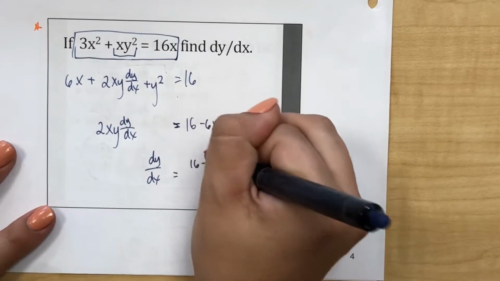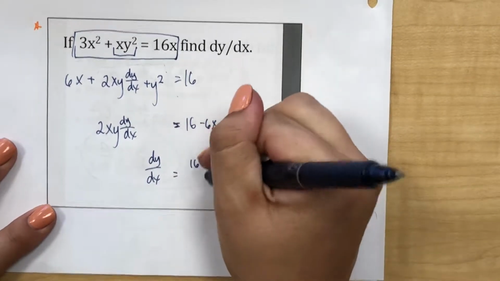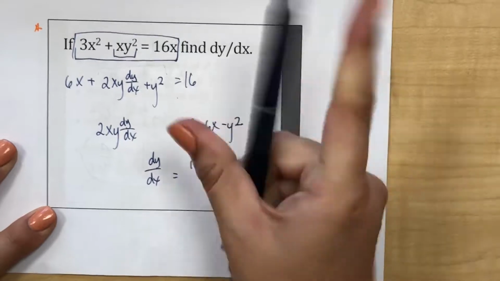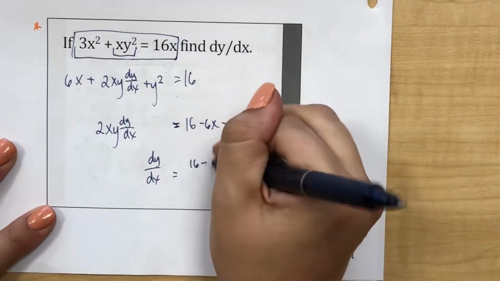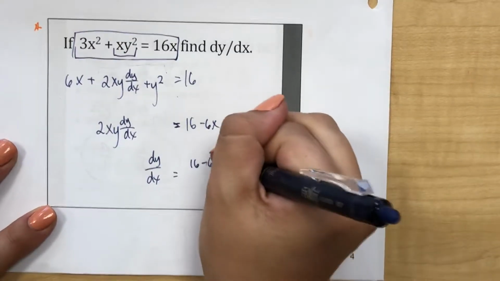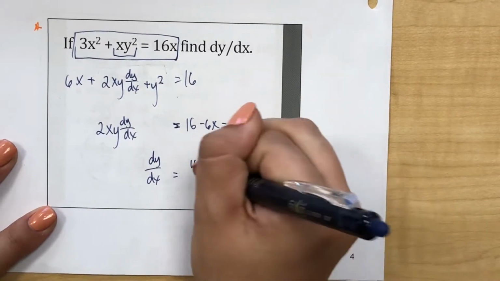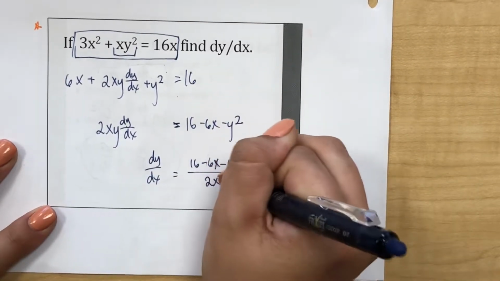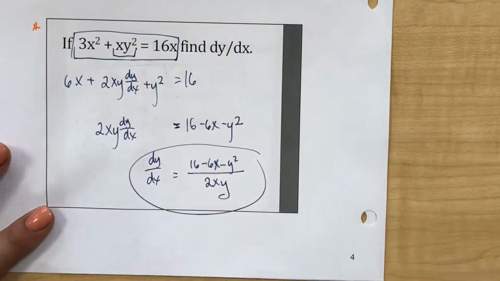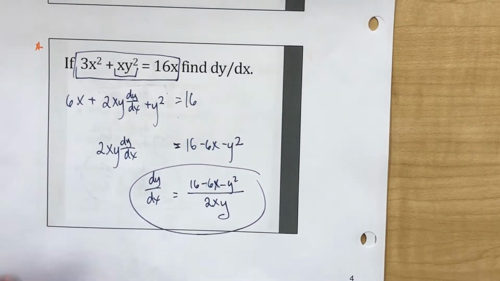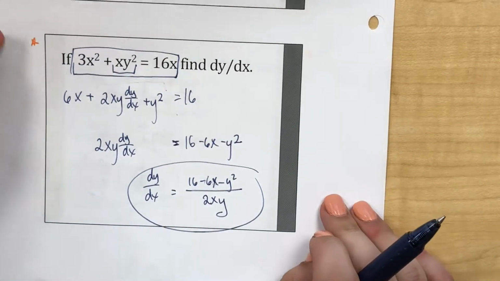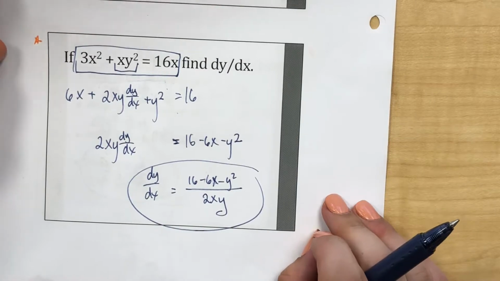And I divide this whole term, 6x minus y squared, over 2xy. All right, and I'm done with that problem.